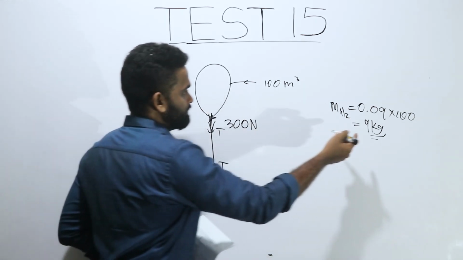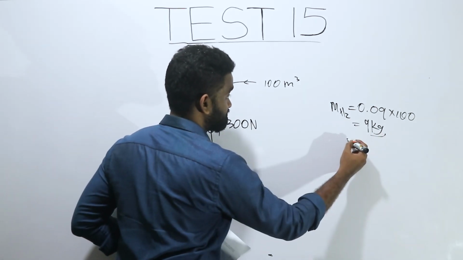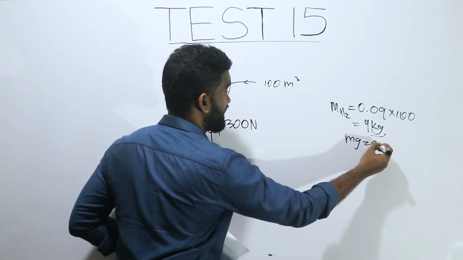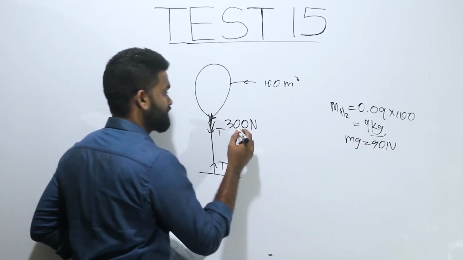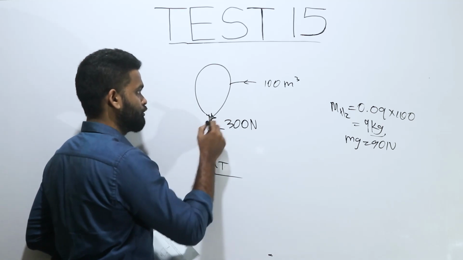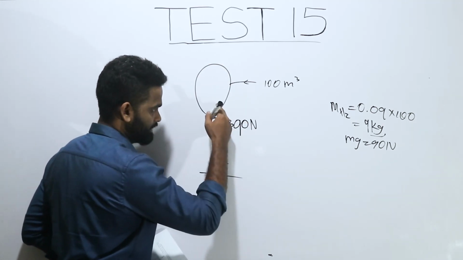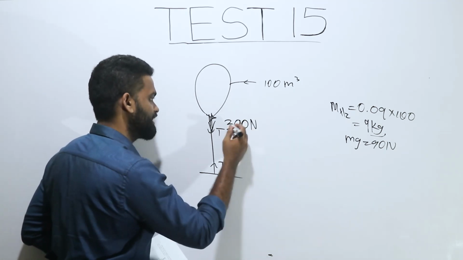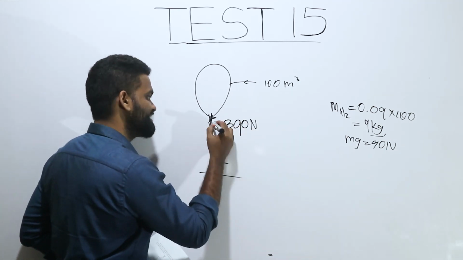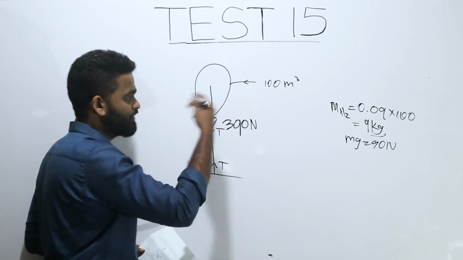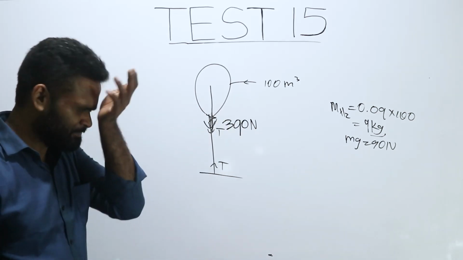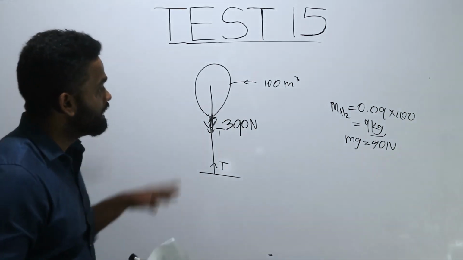So 9 kilograms makes a weight of 90 Newton. The total weight of the balloon should be 30 plus 9, 39, then 390 Newton downwards. That is the total weight of the balloon.